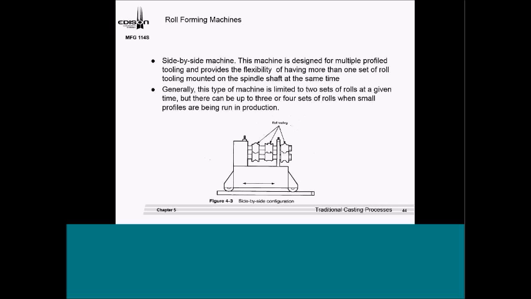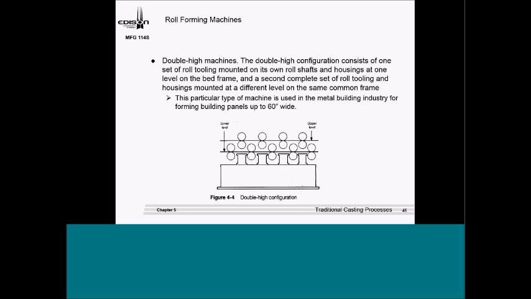And double high machines. So in other words, it's doing several processes at once as the metal goes through. It talks about this type of machine usually being for the metal building industry, forming building panels up to 60 inches wide.